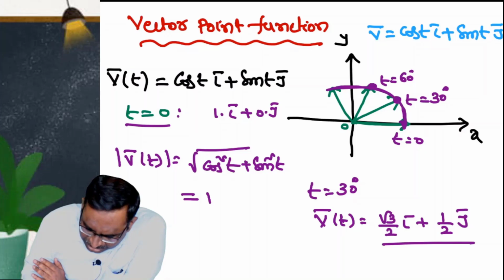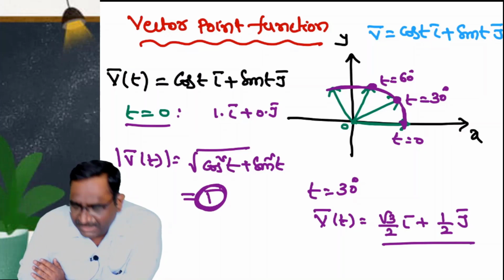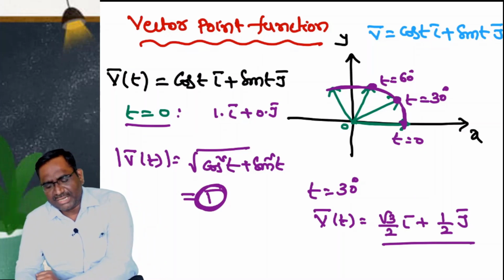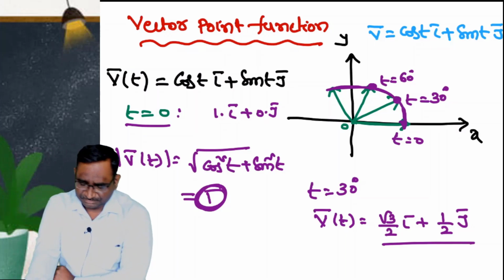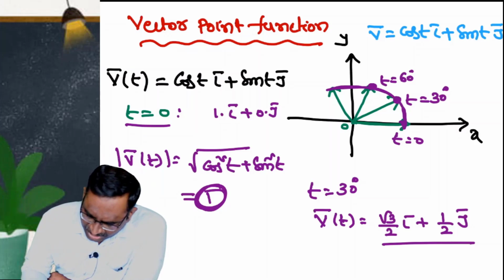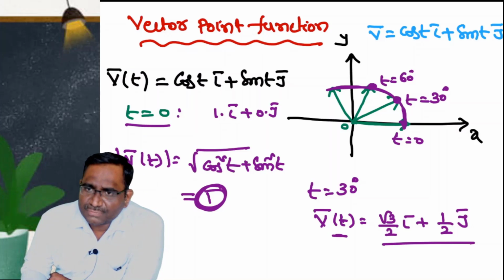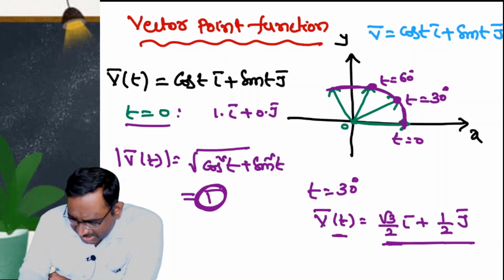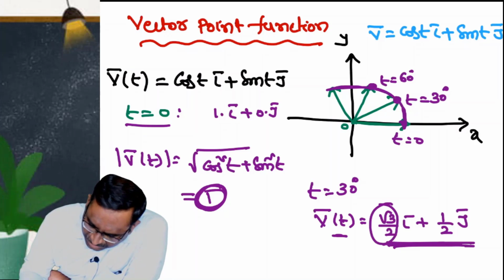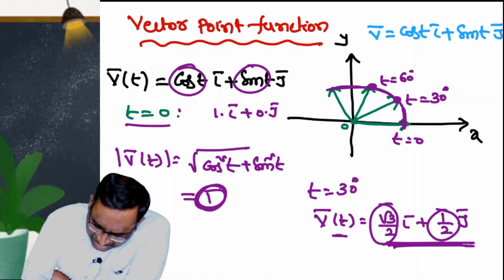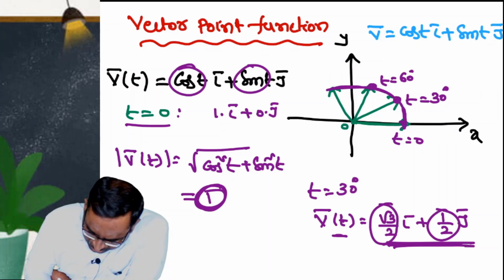If you take the magnitude, it is always equal to 1, but it has some direction. So for every value of t, we get a direction. We call this root 3 by 2 and 1 by 2, these cos t and sin t, the components of the vector.